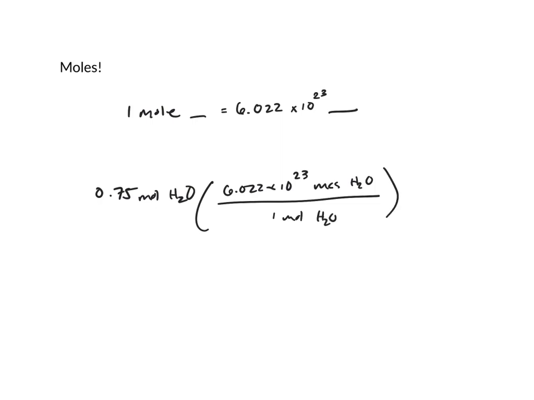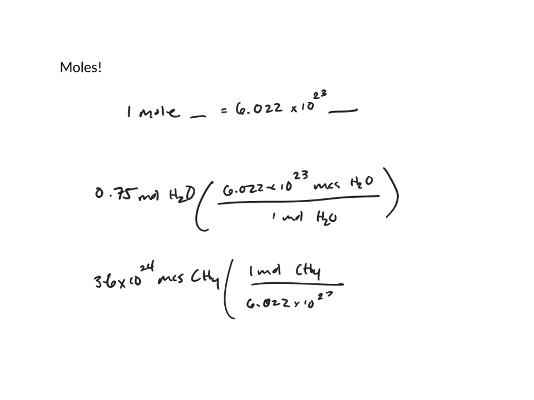So I can convert between molecules and moles, and if I have a sample that is 3.6 times 10 to the 24th molecules of methane, I can figure out how many moles of methane I have because I know that there's 6.022 times 10 to the 23rd molecules of methane for every 1 mole. And so I can put these in my calculator and I can get an answer.